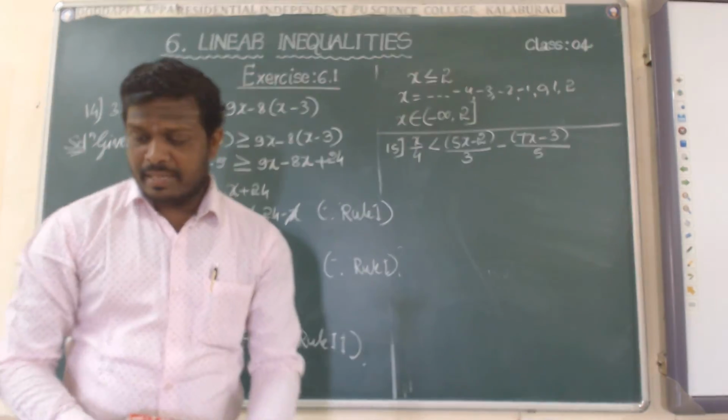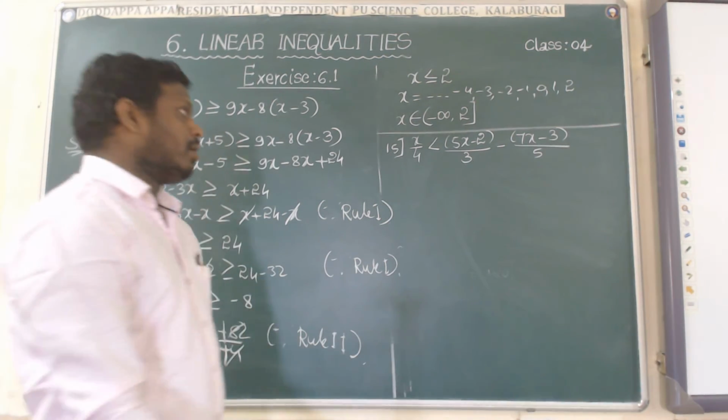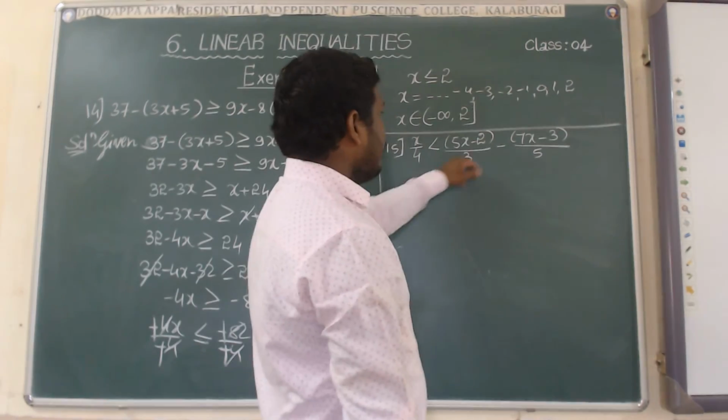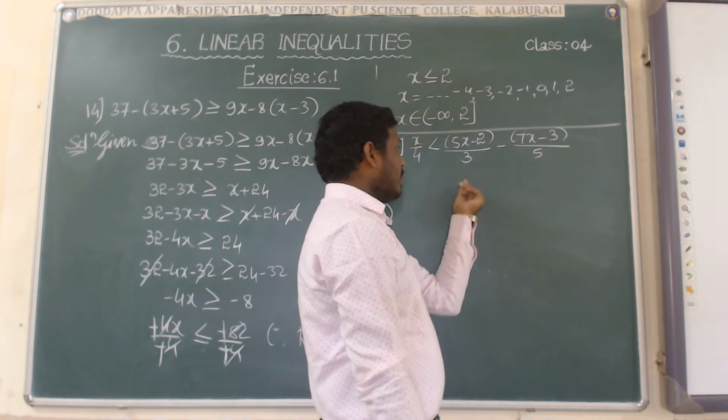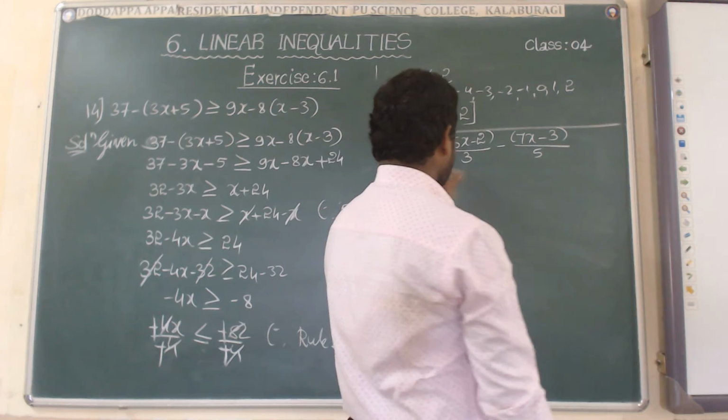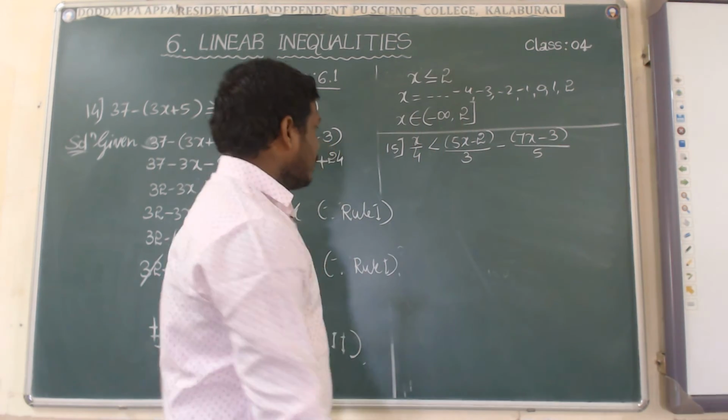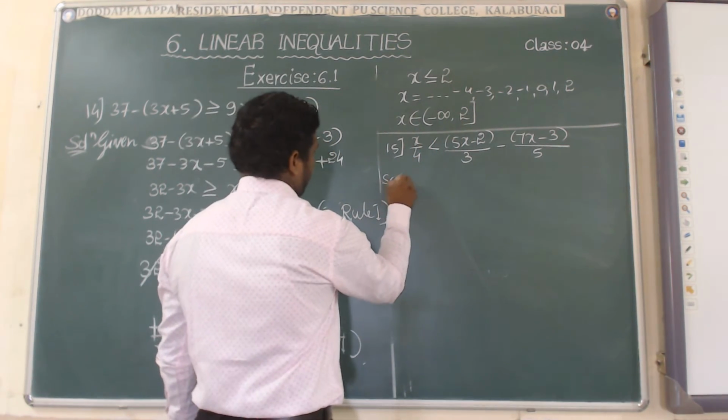We have to find the value of x in terms of real numbers. First of all we have to simplify this RHS part, make one linear inequality, then apply the rules. Okay, come to the solution of this one.